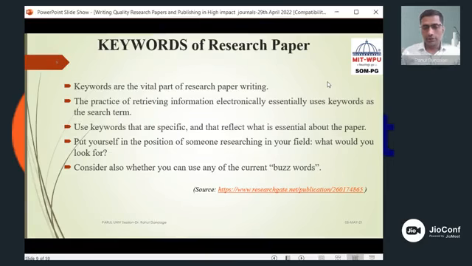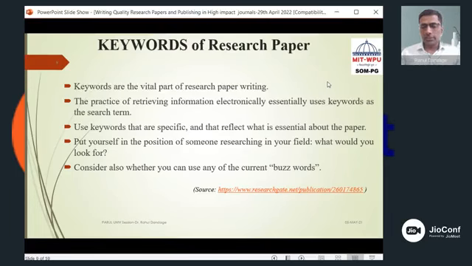Normally, whenever any expert registers himself with any journal as a reviewer, they ask for some area of specialization, area of interest, area of expertise.